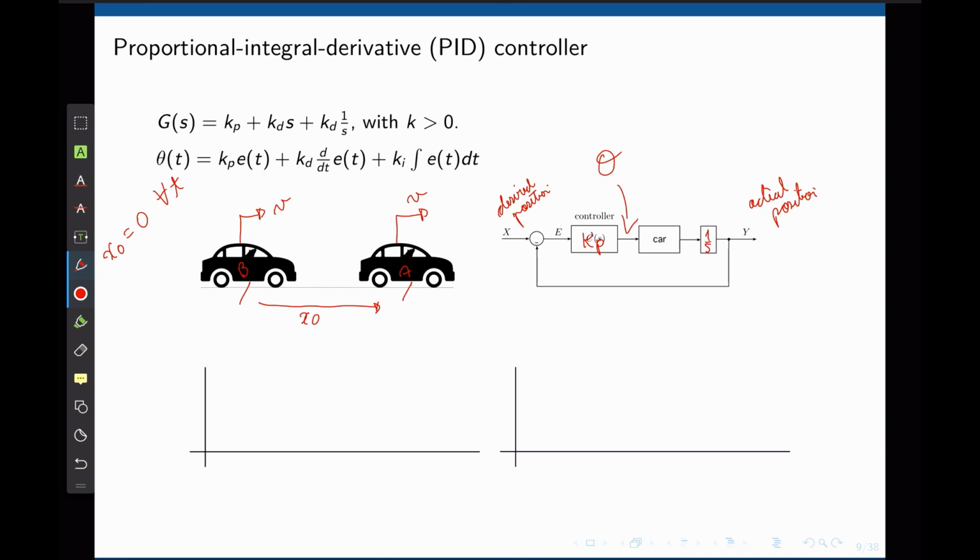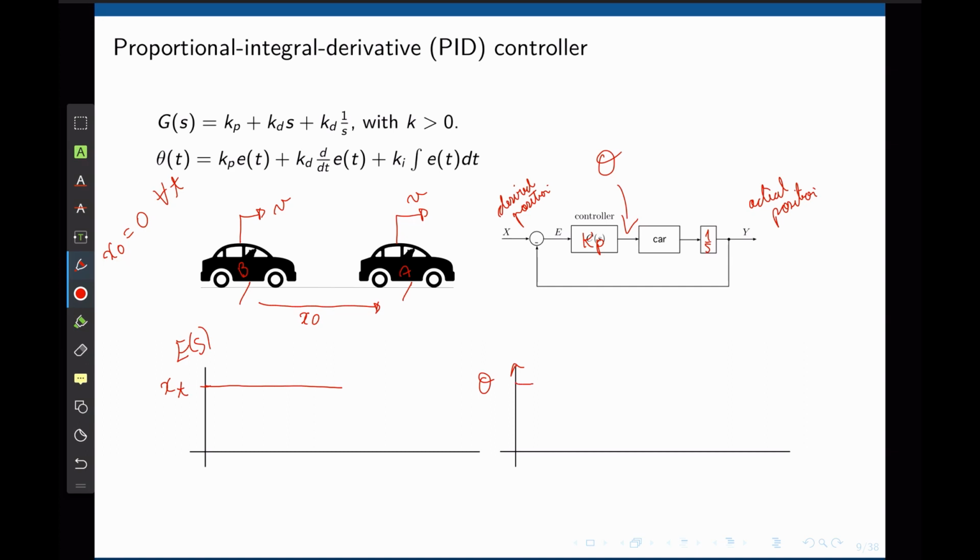It's now easy to see that in steady state, car B will have the same speed as car A, but x0 can never be 0. So car B will always lag behind car A at a certain error, let's call that xt. This is the steady state error with a proportional controller, if this is the error in position.